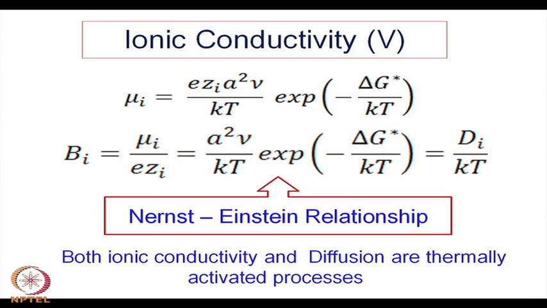So, there is a correlation between the impressed field and the concentration gradient. Both of them drive a charged species through the lattice, and this relationship between the movement of the charged species and the diffusion coefficient is known as the Nernst-Einstein relationship. It is an important relationship in ionic conductivity and diffusion. Both are thermally activated processes, and they are related by this relationship.